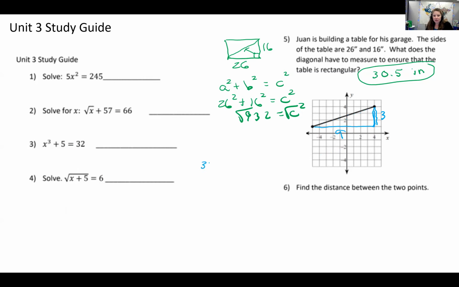So I'm going to say 3 squared plus 9 squared is equal to the length of the diagonal squared. So 3 squared is 9. 9 squared is 81. So that would be 90 is equal to c squared. So I'm going to find the square root of both sides. The square root of 90 is about 9.5.